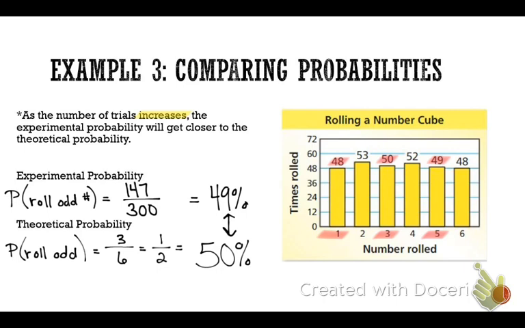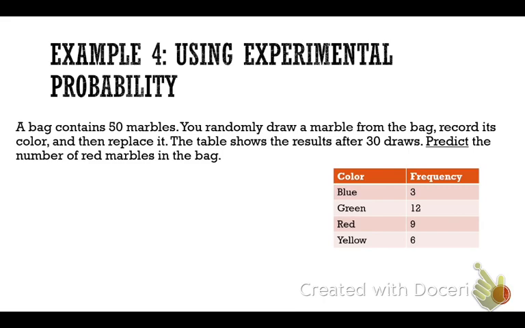The more trials we have, the closer the two probabilities can be to each other, all right? Versus that first one, do you remember when it was supposed to be 50-50 and what was it? It was 24%. It was way off because there were only 25 trials. All right, are we getting kind of the gist of it? Okay. All right, one more example.